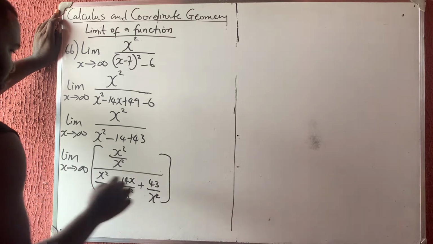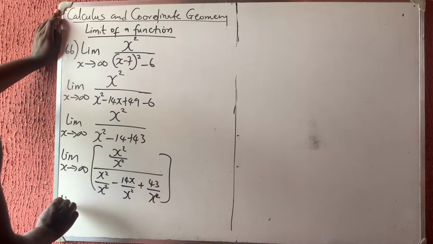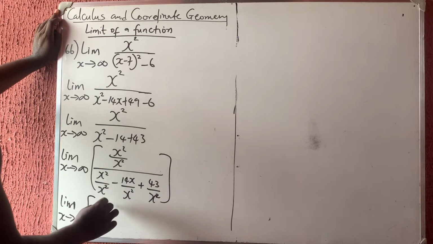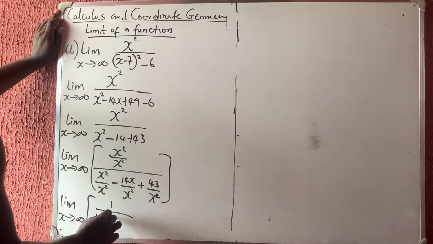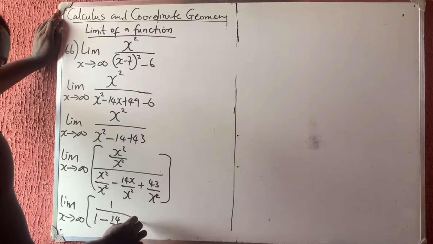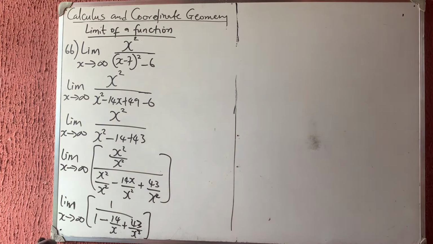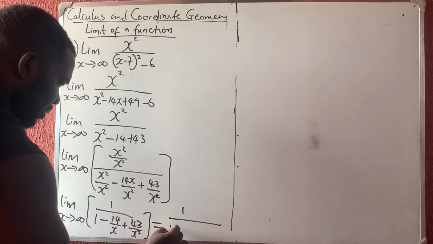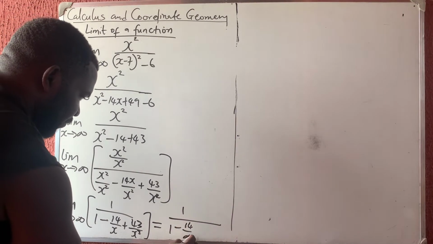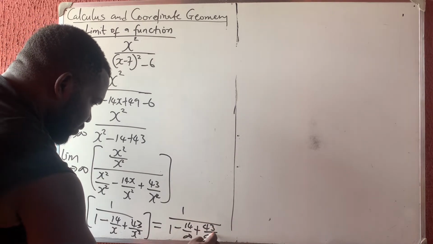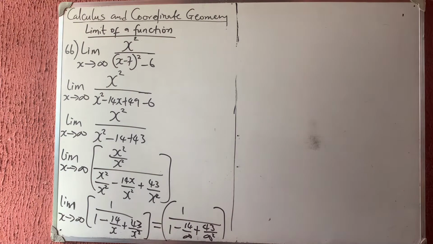Okay, so this is now the limit as x approaches infinity of 1 over 1 minus 14 over x plus 43 over x squared. Now, after dividing, we substitute infinity. I'm having 1 over 1 minus 14 over infinity plus 43 over infinity squared. So what do we have now?